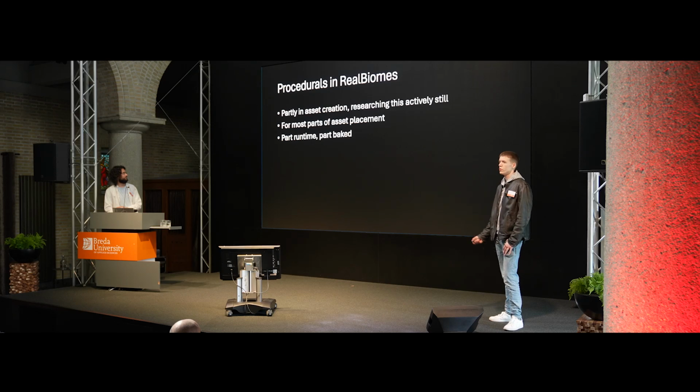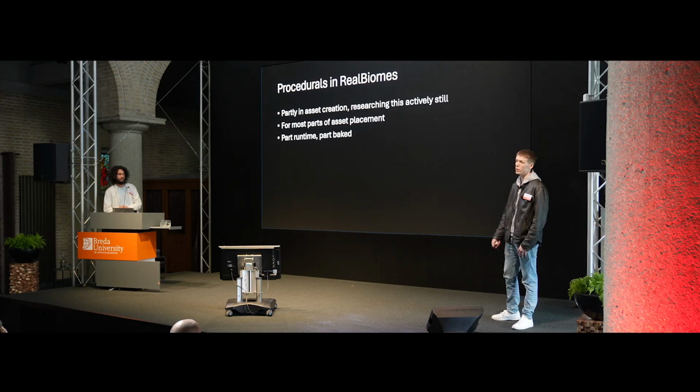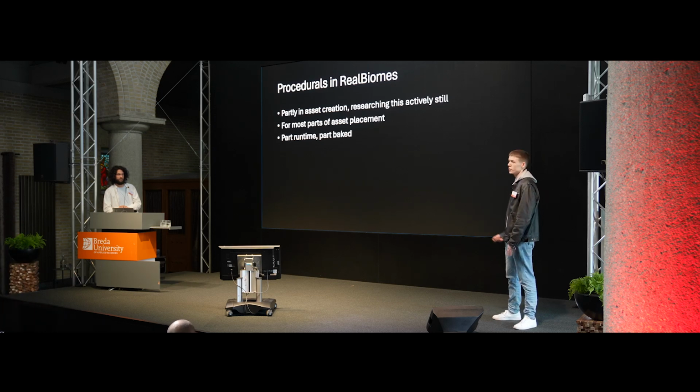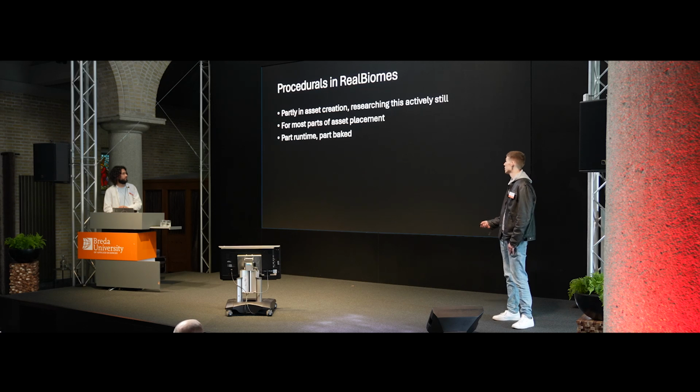So concretely, procedurals in RealBiomes. Partly, we use procedurals for asset creation, but this is something that we're actively working on. Our plan is to have a fully procedural asset pipeline, possibly using Houdini, maybe, you never know. For the most part so far, concretely, it's been procedurals for asset placement, as obviously this helps us a lot.